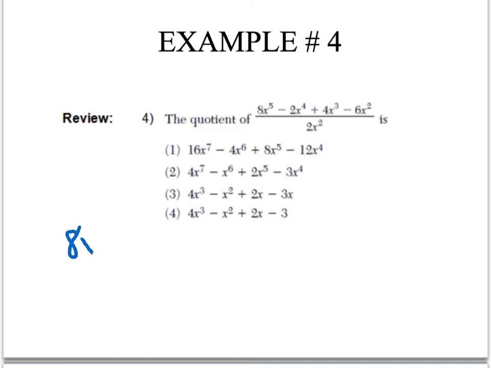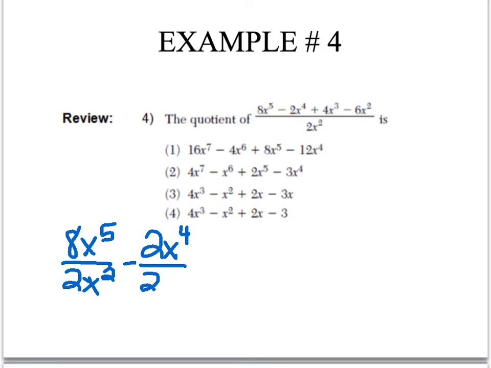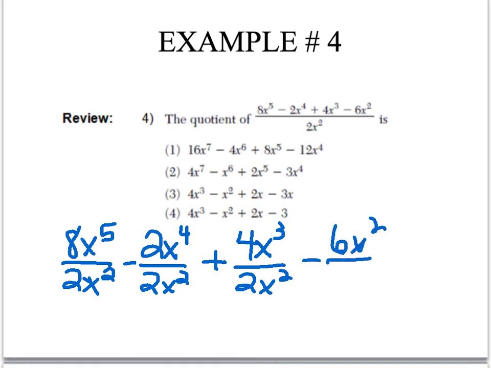So we're going to take each of the monomials and we are going to divide them by the 2x squared. 4x cubed divided by 2x squared, and the last 6x squared divided by 2x squared.